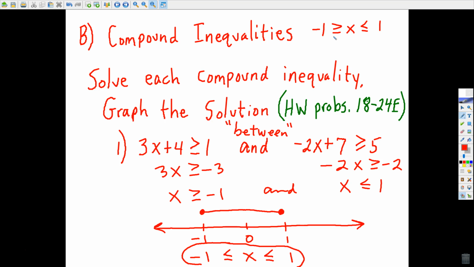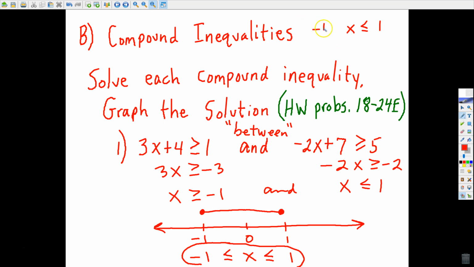Think about this. The way I have this written right now, I'm saying that -1 is greater than 1. Well, that's not true. So just make it easy on yourself. Write them from lowest to high. Always put the variable between, and these always point left every single time.